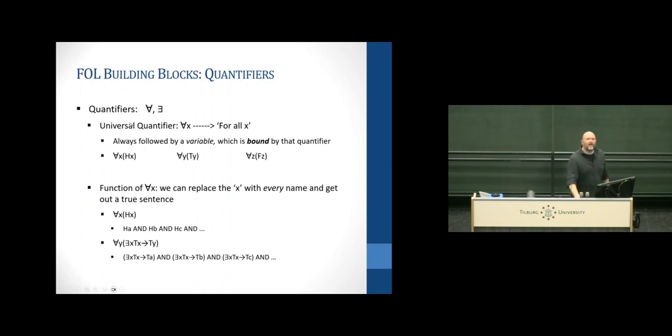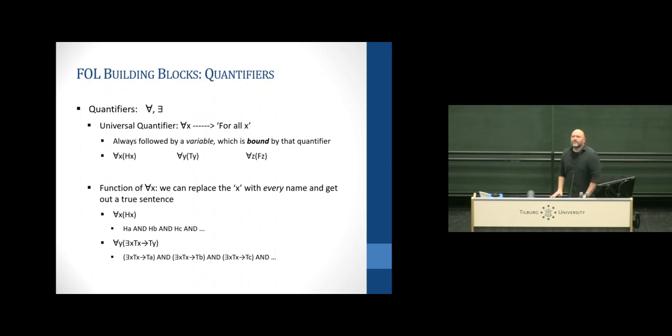The upside down A is our universal quantifier. We'll say right off the bat, you will never see a quantifier that's not immediately adjacent to a variable. If you see just one of these by itself without the little variable next to it, something's gone wrong.